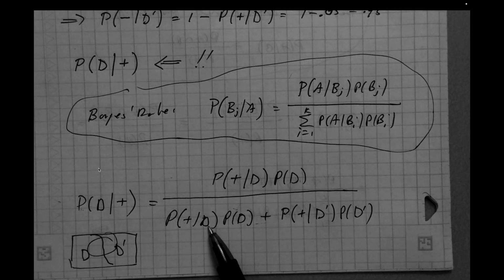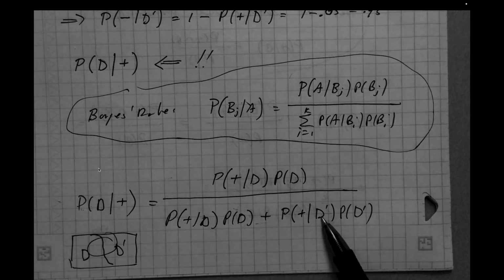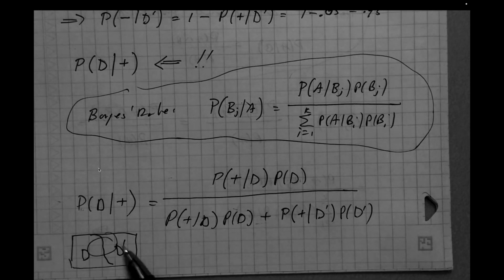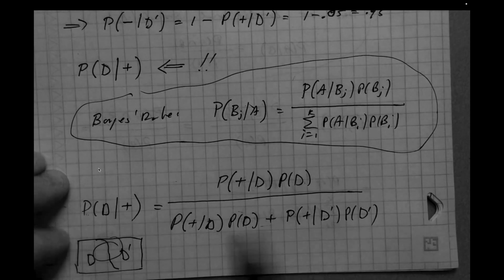In this case, the partition is just either you have the disease or you don't have the disease, right? And then just write them all out. Now, admittedly, this is a simple setup because the partition is just two subsets. It could be more, but in this case, it's just two. Okay, so we can take that and plug the numbers in.